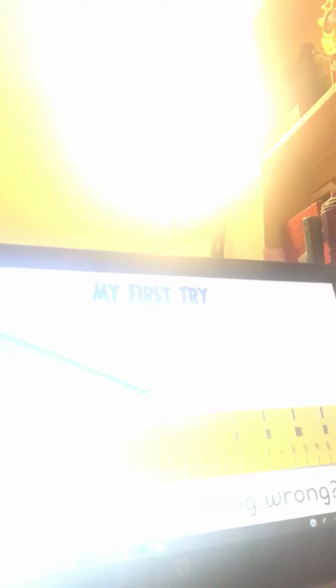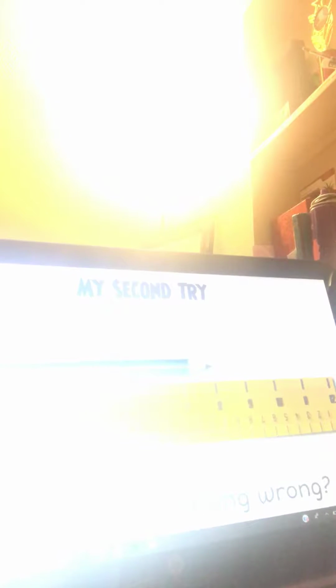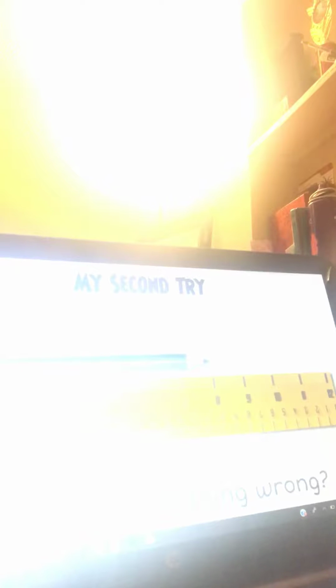Do you see something wrong? My second try, I got 8 inches. Do you see something wrong? On my third try, I got 18 inches. Do you see something wrong?